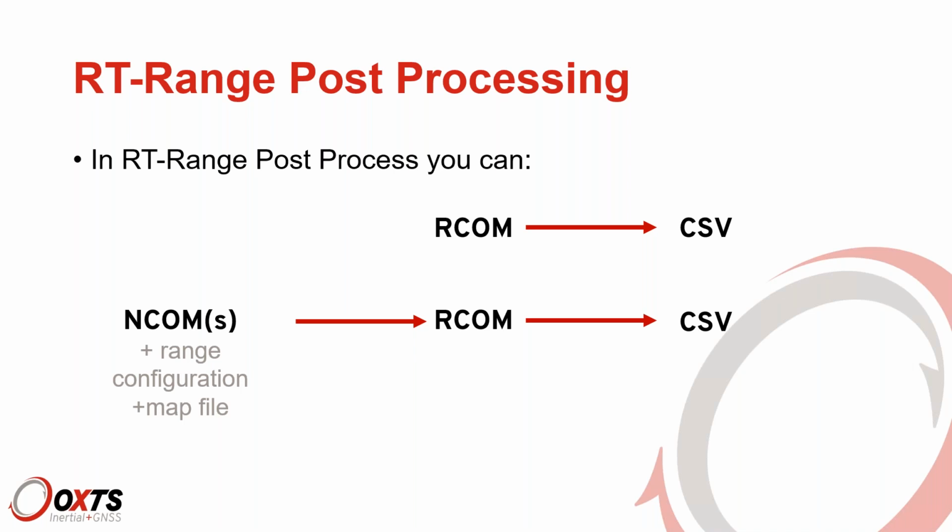Then the RT-Range post-processing wizard takes all of the measurements from the NCOM files, looks at the RT-Range configuration, and processes them the same way that an RT-Range system would in real time to generate an RCOM file. This RCOM file would contain all of the range measurements, so distance measurements, relative velocity measurements, and time to collision measurements from that test. Then you can select the measurements you're interested in to convert to CSV.